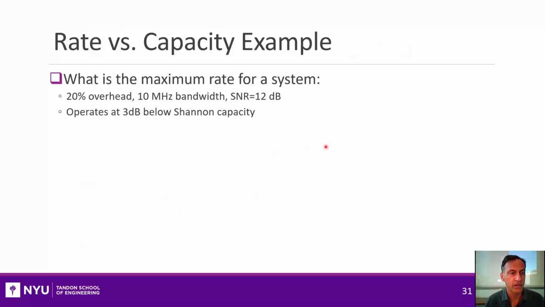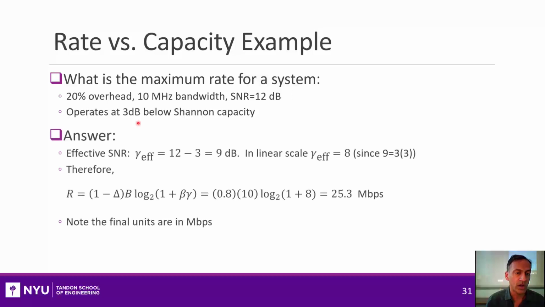All right, let's just do a quick example to make sure you understand the concepts. Suppose I say that the system has 20% overhead, a certain bandwidth and SNR, and it operates, I say, 3 dB below the Shannon capacity. And then I ask you, what is the rate for that system?